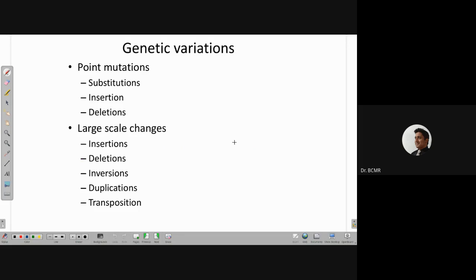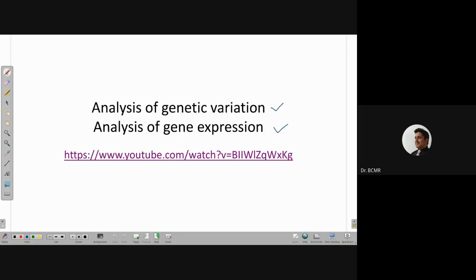So, first thing is, what is a genetic variation? If we have a species and the species has a certain genome, species constitutes several individuals, and they all are variants.